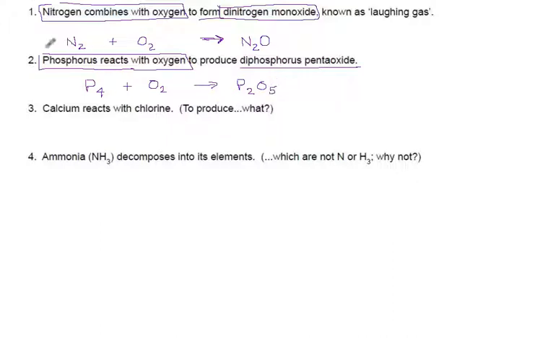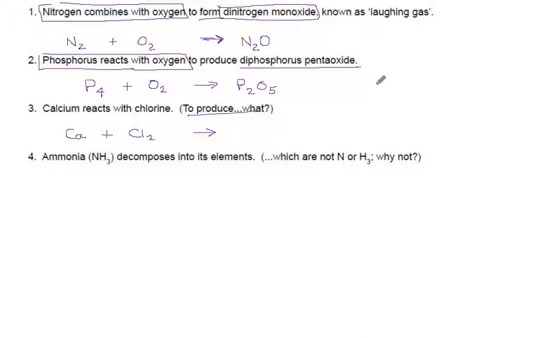Okay. Calcium reacts with chlorine. And they don't say the products, so I guess we get to work those out. Calcium is a metal, Ca. It's not diatomic, but chlorine is, so we get Cl2. And what happens when they combine? Well, this is a metal and a nonmetal, so there's going to be one positive and negative ion.